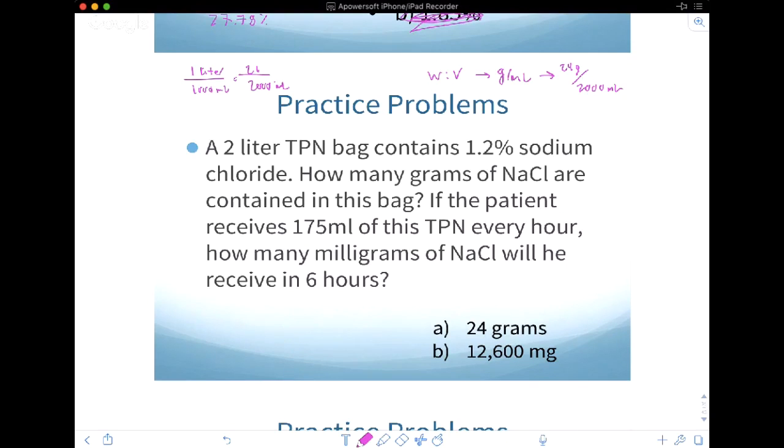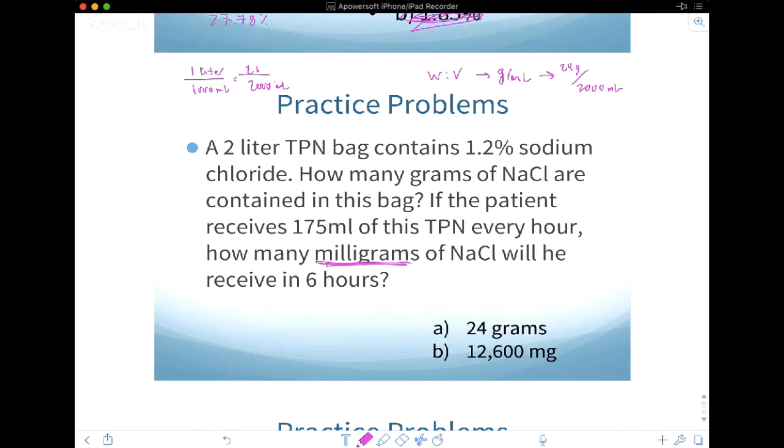If the patient receives 175 milliliters of this TPN every hour, how many milligrams of sodium chloride will he receive in 6 hours? So they're wanting to know how many milligrams.